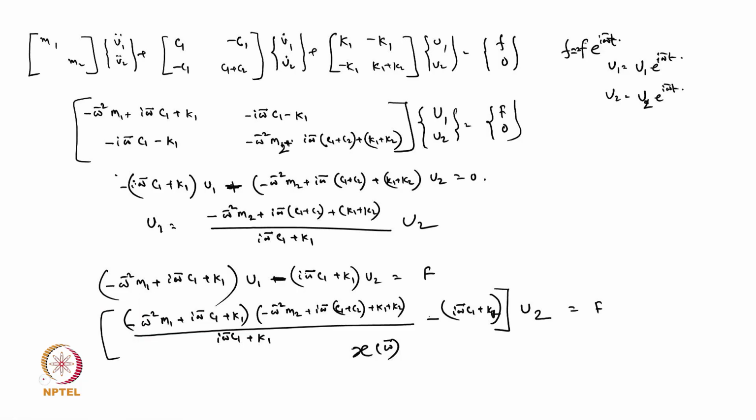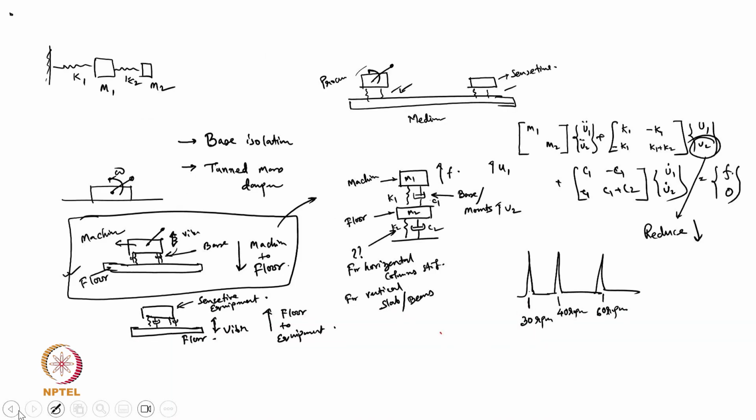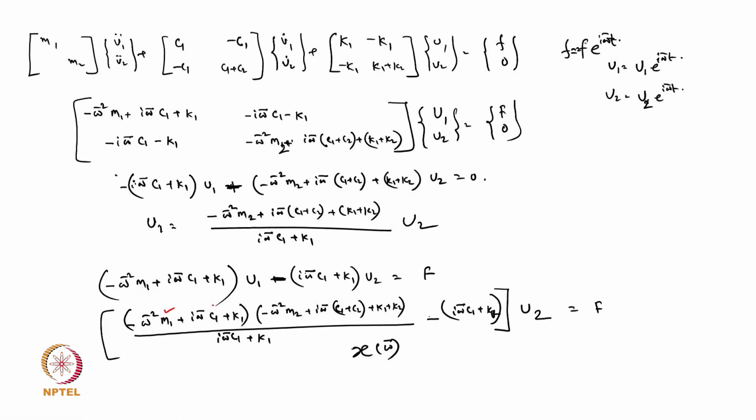Because if you start checking the terms, M1 is a constant for the particular system, because it represents your machine. So machine mass is constant. Then floor mass is M2. M1, C1 and K1 are the mount properties, the mount stiffness, and M2 is the mass of the floor, with K2 and C2.